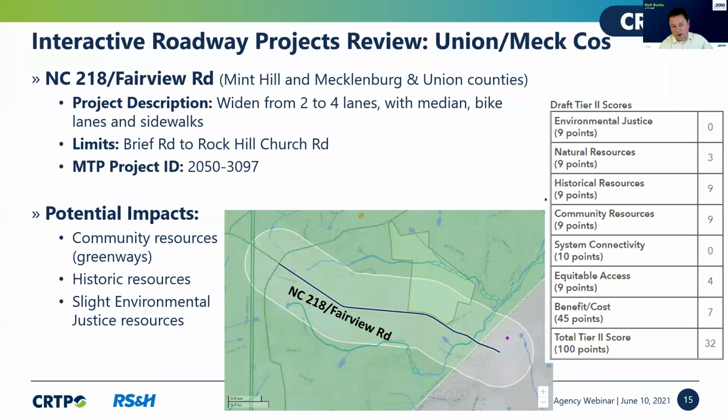But we had to draw a hard line at the end of Tier 2. If that project continued to not score very well given these measures, then for the fiscal constraint element, we couldn't bring it into the list. And if the project just didn't score competitively at all, there'll be another chance in 4 years for that member jurisdiction to submit the project when we do the 2055 MTP.